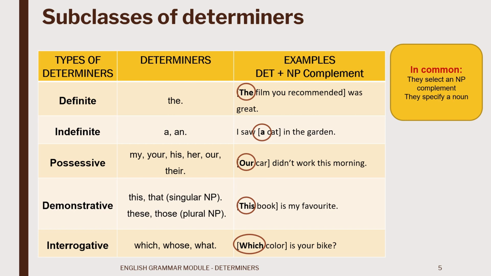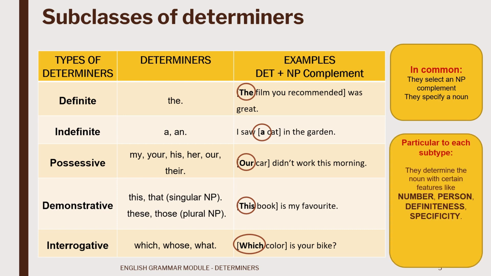But before we move on, you need to have in mind that when describing determiners and the subclasses of determiners, some of them will carry certain grammatical features, whereas some others will carry different grammatical features.